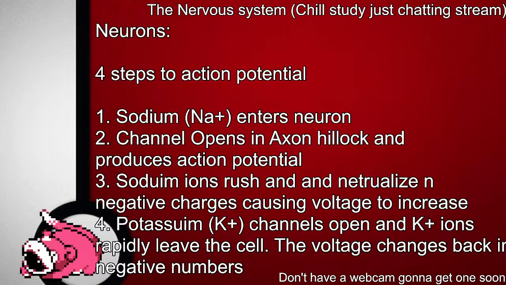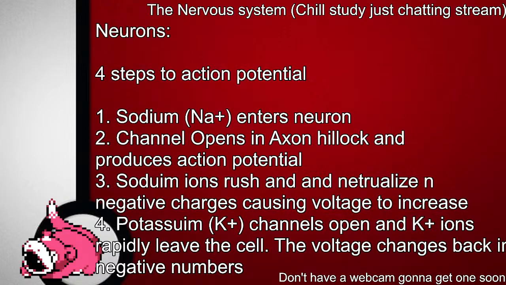Oh, I haven't been updating the board at all. Yeah, I'm still on action potential. Wow, that's crazy. Okay. Well, I might as well refresh it. Action potential is when, first step, sodium comes into the neuron.